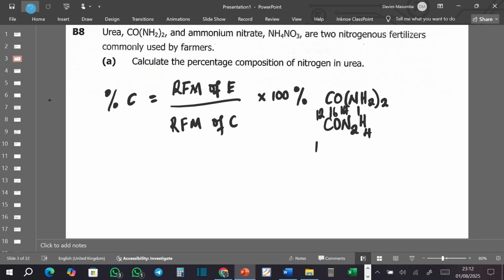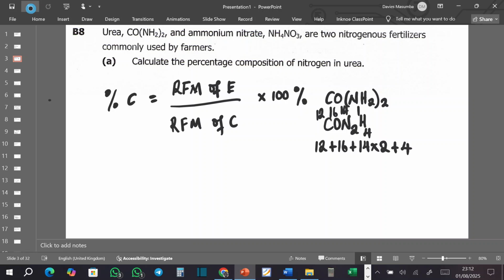So we say 12 plus oxygen 16 plus nitrogen 14 times 2 is 2 down here. So that 14 times 2 because there are 2 atoms of nitrogen. So say 14 times 2, then plus, then hydrogen 1 times 4, it will just be 4.